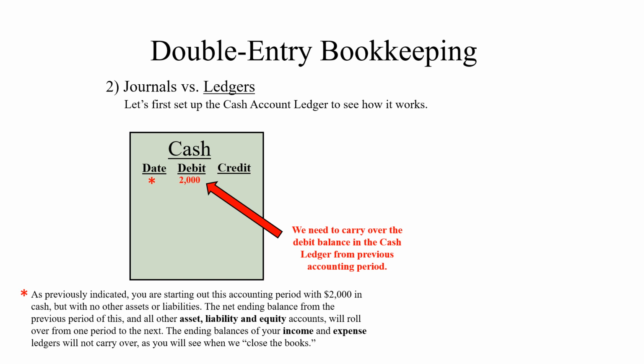The net ending balance from the previous period of this and all other asset, liability, and equity accounts will roll over from one period to the next. The ending balances of your income and expense ledgers will not carry over, as you will see when we close the books. We'll use that star there to indicate that it represents a carryover.